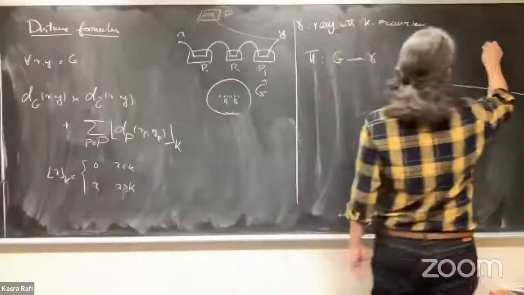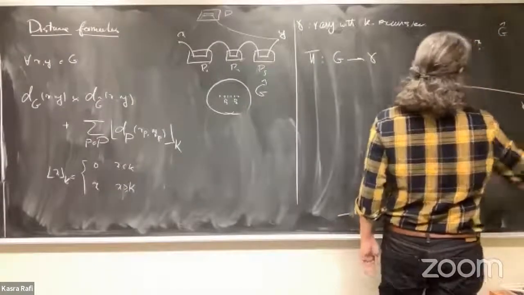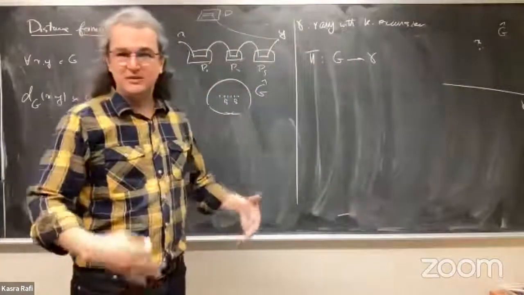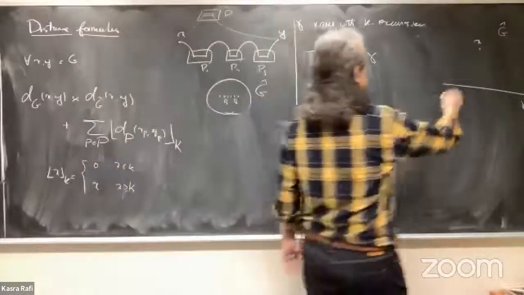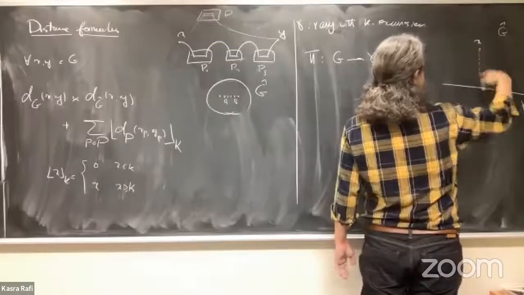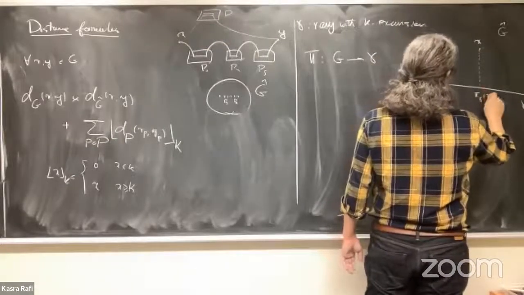I look at G hat, I look at x, and look at gamma. Since the vertex set of G and G hat is the same, I can think of gamma both as a subset of G and G hat without doing anything. That's the advantage. So first, I look at the closest point projection in G hat to gamma. Let me call this little pi.